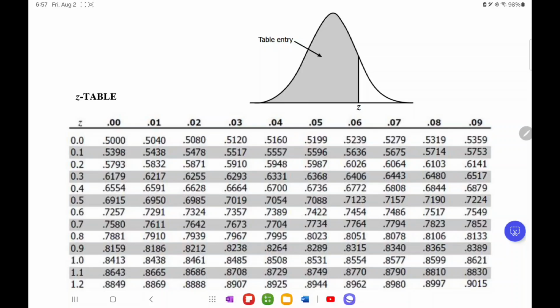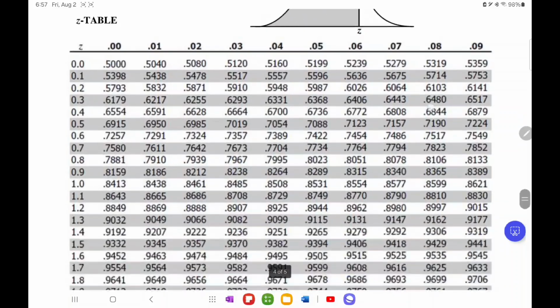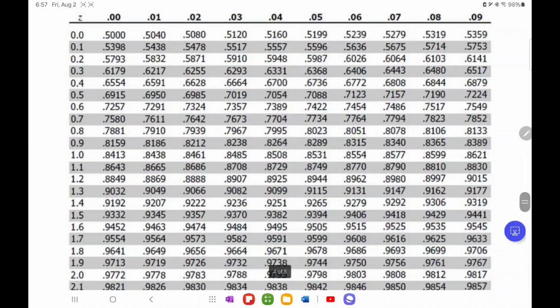So we came up with the left area as 0.85. You have to search in the body of the table for 0.85. So 0.85, the closest value is 0.8508, right?